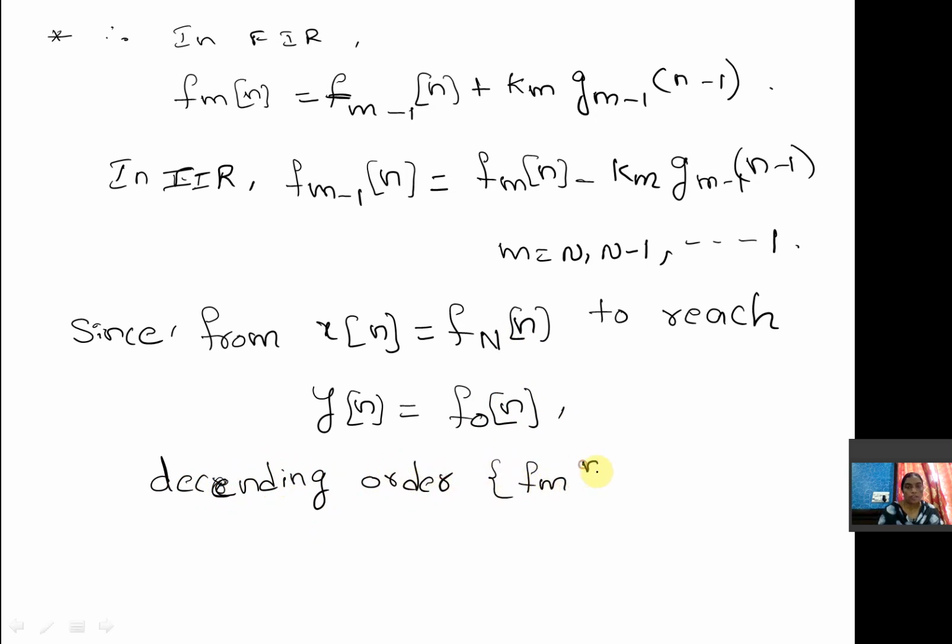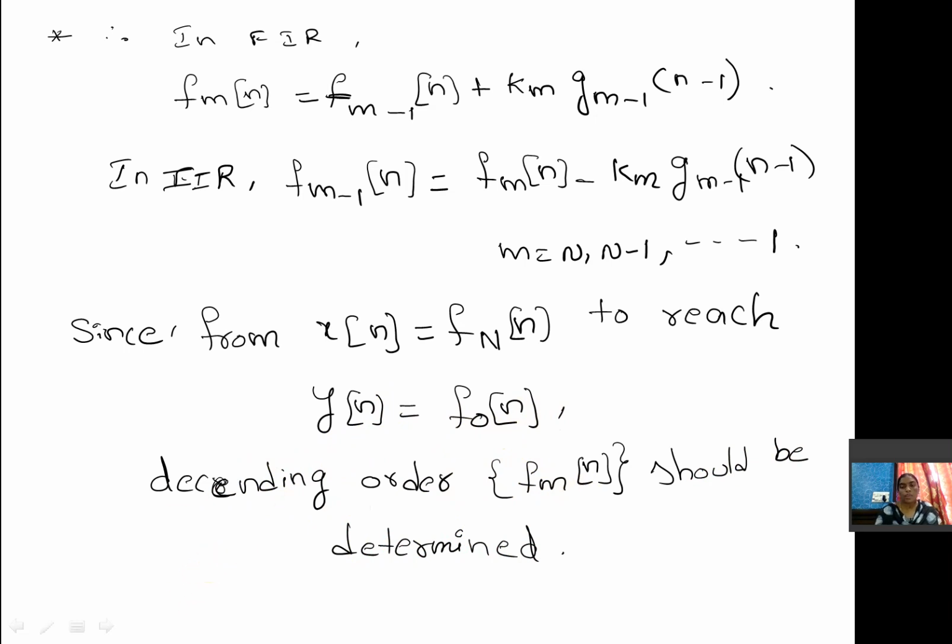what is that? Fm of n. The set of Fm of n should be determined. Right? So from X of n to Y of n, if you use F naught of n as X of n, Y of n is the Fm of n or Fn of n, you just increase Fm of n from F0 of n, F1 of n, F2 of n and so on as in the FIR.